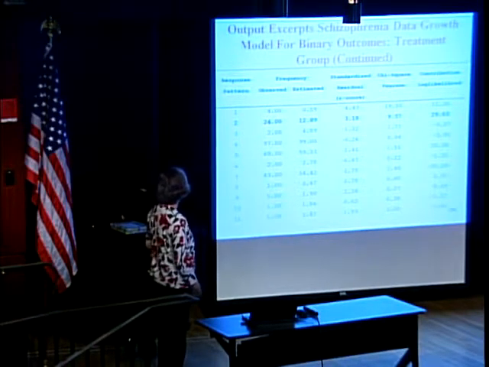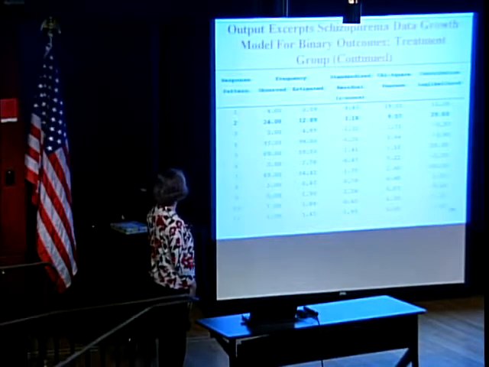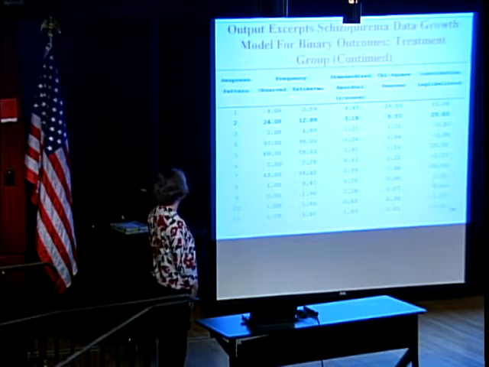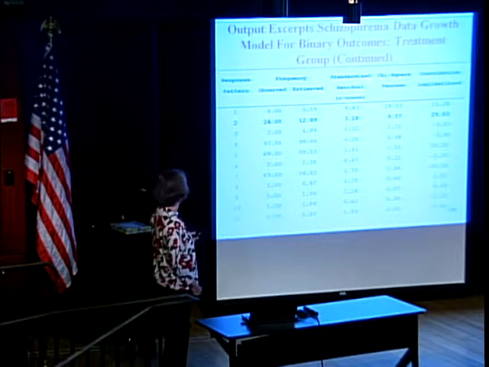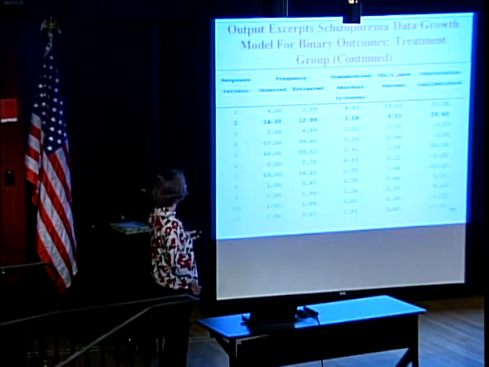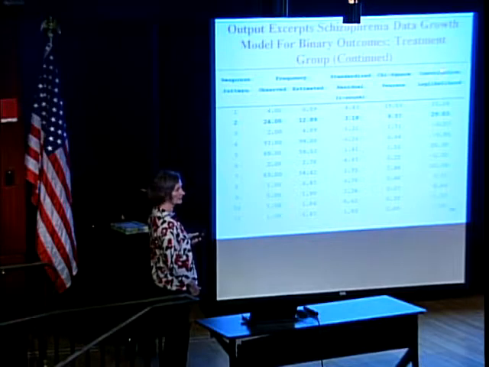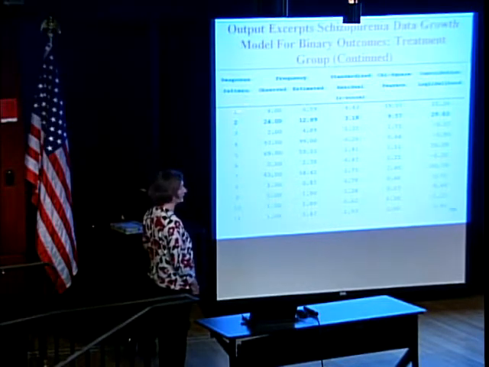Then we have frequencies, observed and model estimated frequencies. Then we have standardized residual, which is the z-score. Then we have the chi-square contribution, the Pearson chi-square contribution, and the log likelihood chi-square contribution for each response pattern.